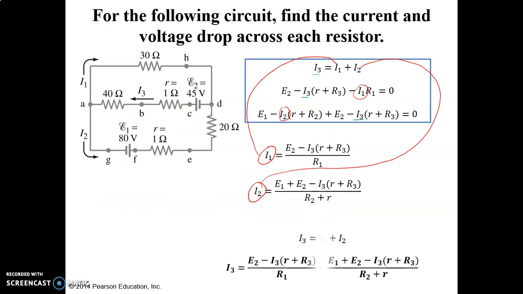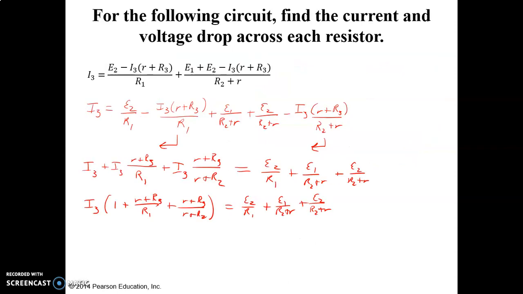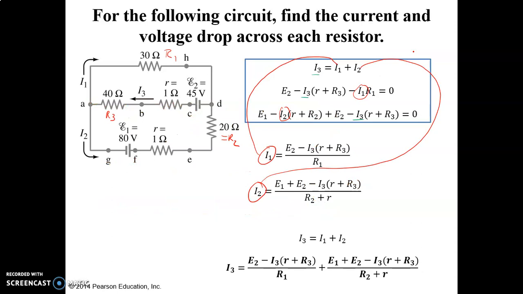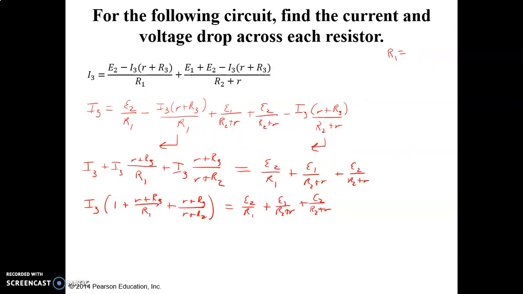So remember that we said here that R2 was 20 ohms, R3 was 40 ohms, and R1 was 30. Let's just write these up here. R1 was 30, 20, 40.